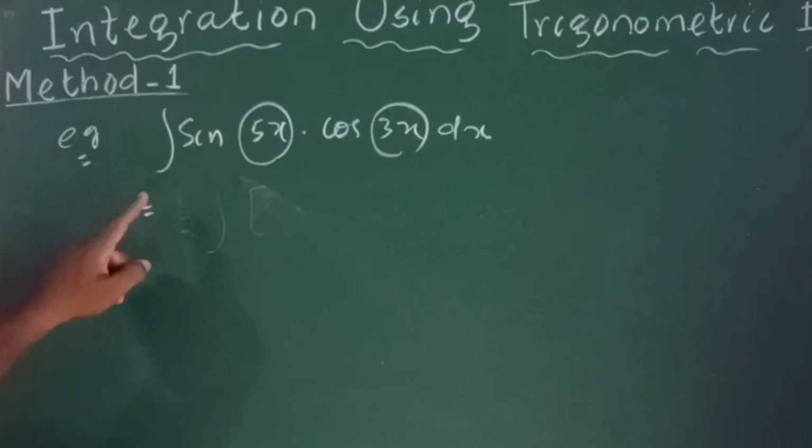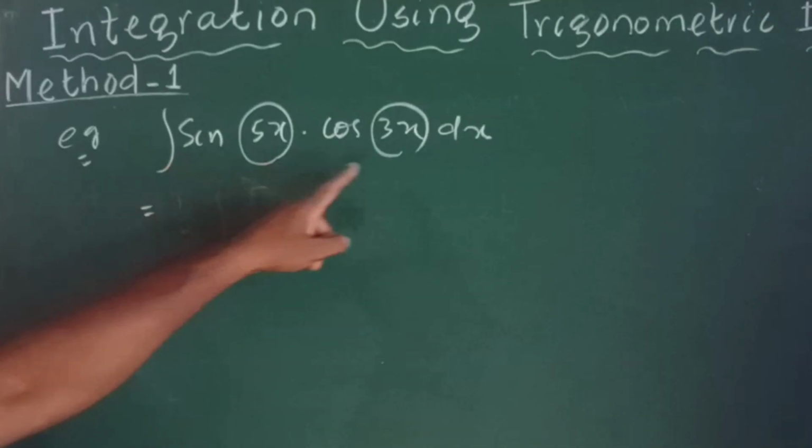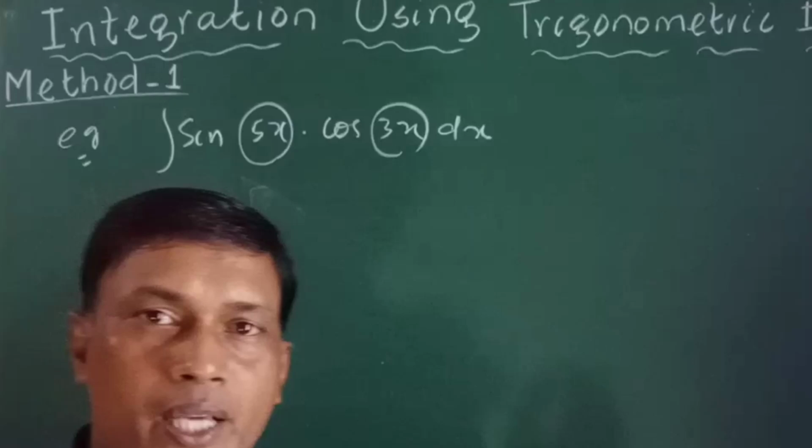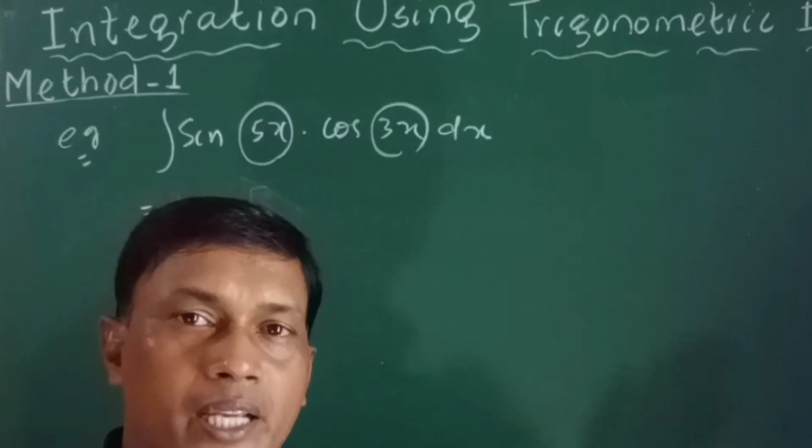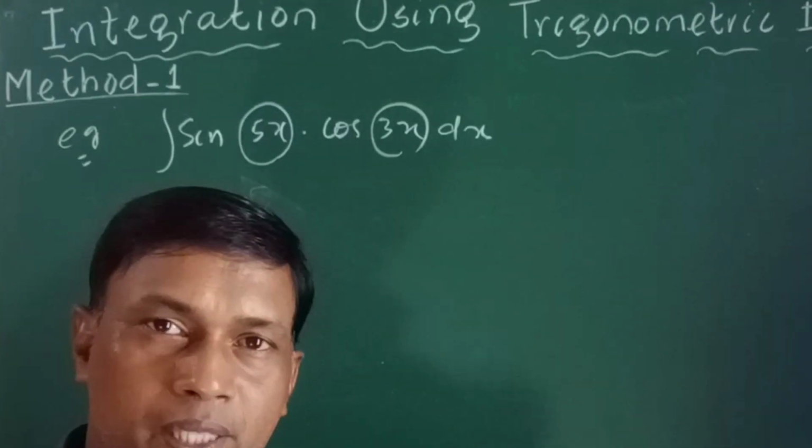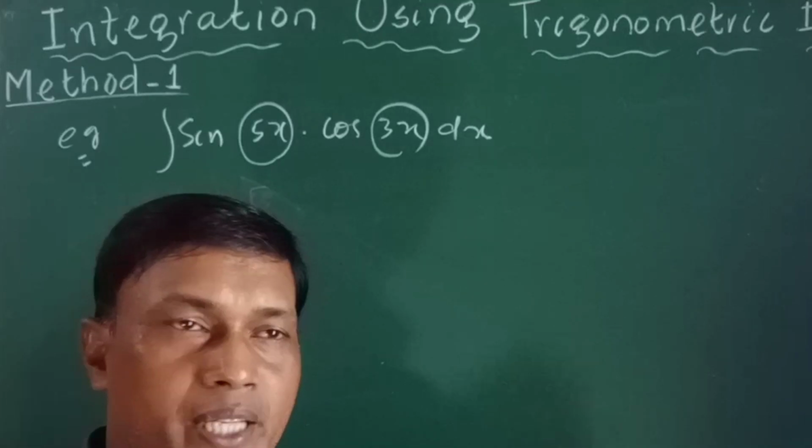Now the example: integrate sin 5x into cos 3x. This is in the form sin A into cos B, which is half of sin(A plus B) plus sin(A minus B).